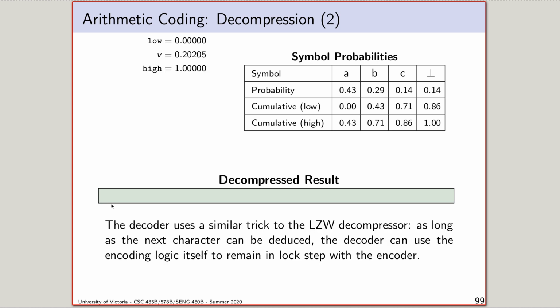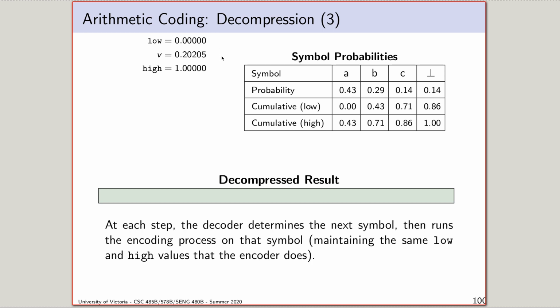So what I do is I basically duplicate the encoding process. There's a lot of similarities here to the logic behind LZW, where the decompressor just does what the compressor does to follow along, to keep all the same numbers, and stay in lockstep with the compressor. So the decompressor also maintains a low and high window, but it also keeps track of its encoded value, the value you've sent that you want decompressed.